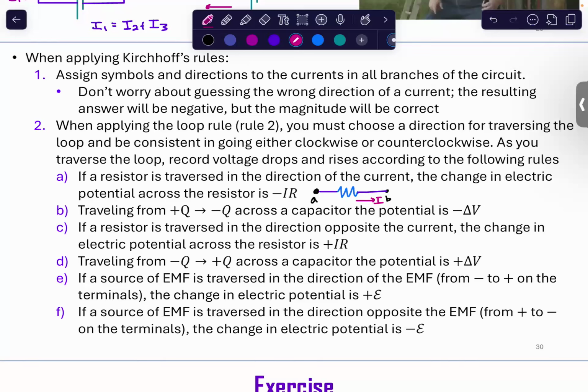If your current's going that way, you're going to travel from A to B. If you're going in the direction of the current, you get a negative sign.